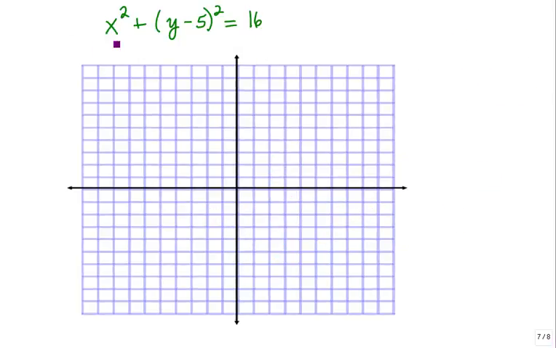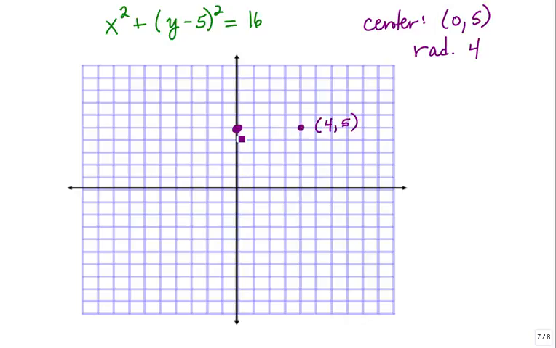Now what about x squared plus y minus 5 squared equals 16? So the center of this circle is 0, 5. The radius is going to be the square root of 16, or just 4. So we go to 0, 5, which is up on the y-axis, 1, 2, 3, 4, 5. Now we've got to go out from there in all directions 4 units. So we would go 1, 2, 3, 4, and this would be the point 4, 5.